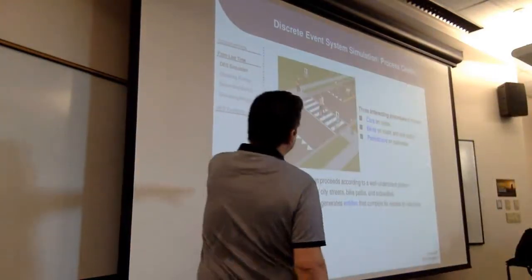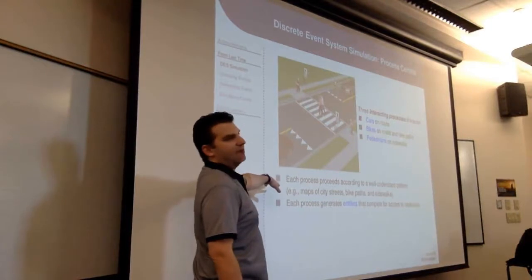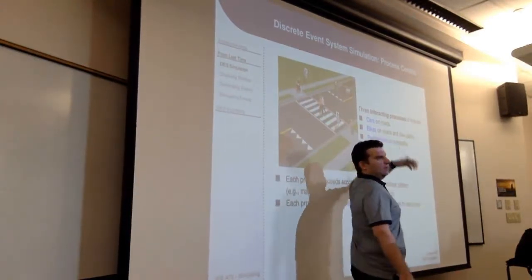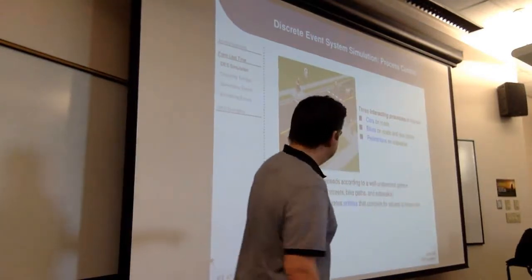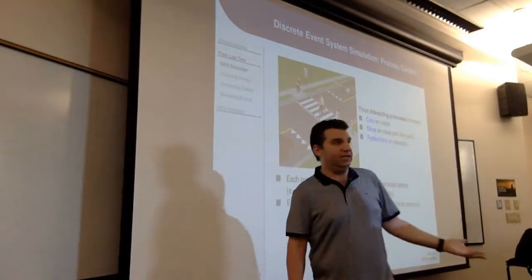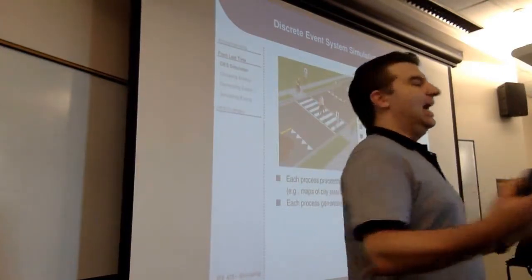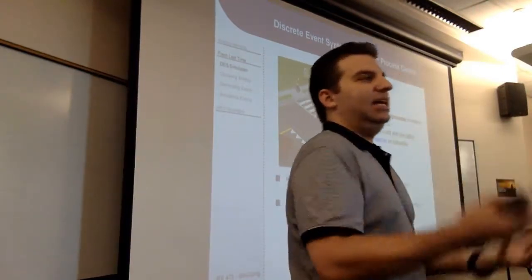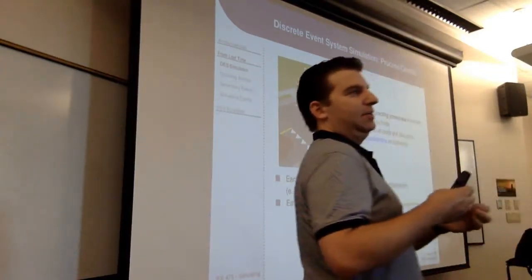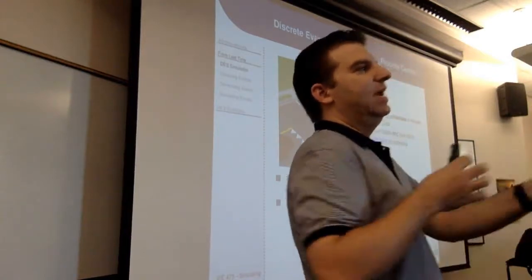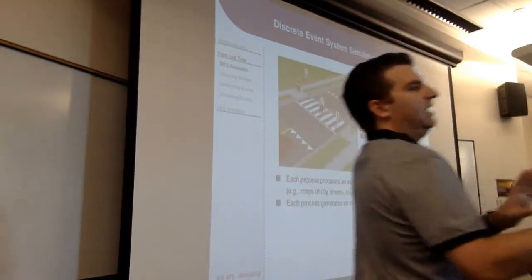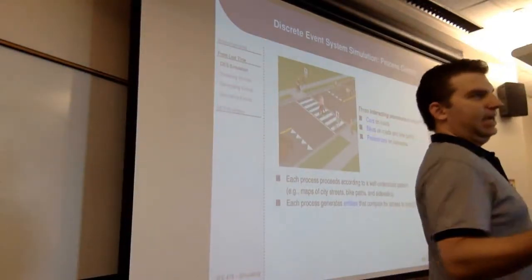But each process proceeds according to well-understood patterns. You know how cars drive on roads, you know how bikes do it, etc. Where things get interesting is when they compete for these shared resources and have to wait on each other. So our goal as engineers is to try to design these systems to prevent a lot of unnecessary competition, or to try to schedule them so that even though they have to use the same resource, they are less likely to have to use it at the same time.